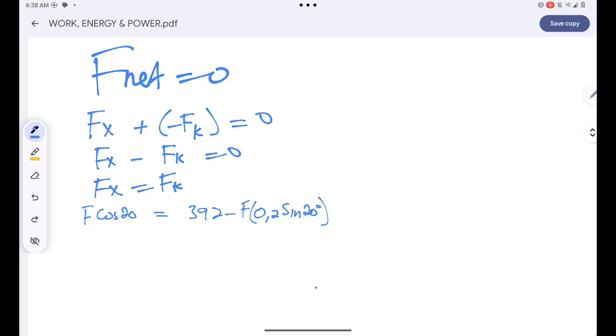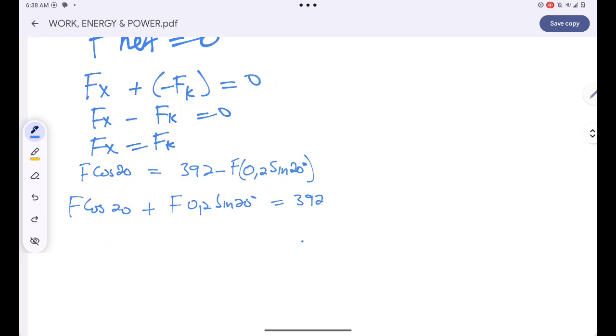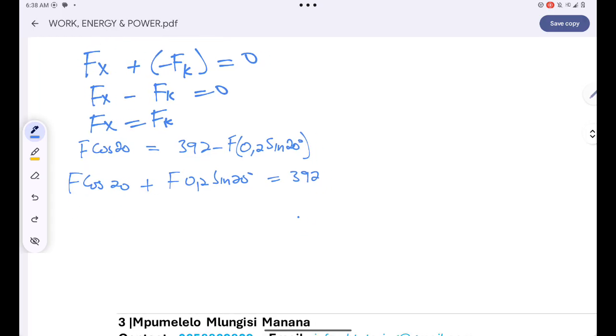So what we'll do is take this term over here and take it to the other side. We'll have F cos of 20 degrees plus F multiplied by 0.2 sine of 20 degrees is equal to 392. We want to solve for F.